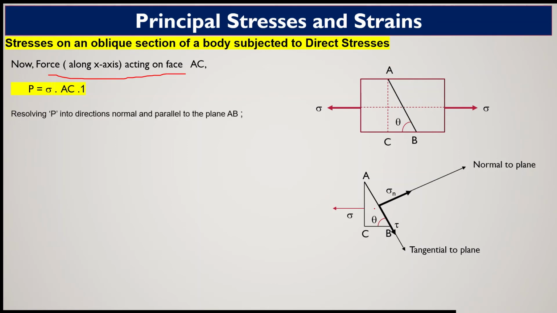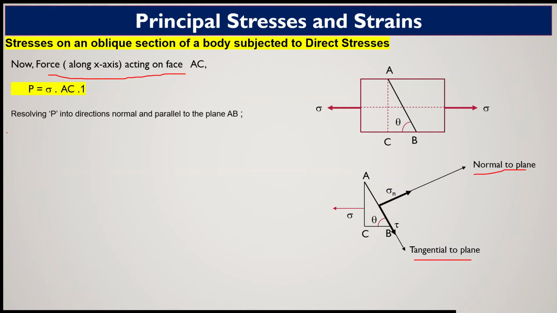Now we have taken this wedge ABC into consideration to find out the stresses acting on the AB plane. Theta is the angle of inclination. Ultimately we have to divide this stress into two: one normal to the plane AB and the other tangential to the plane.